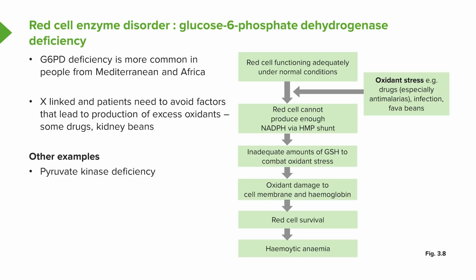If drugs, infection, or fava beans lead to oxidation within the red cells, the lack of sufficient G6PD activity can lead to that oxidation, damaging and killing the red cell. And as you work your way down through that column, you will see that inadequate production of NADPH and glutathione leads to oxidation damage.